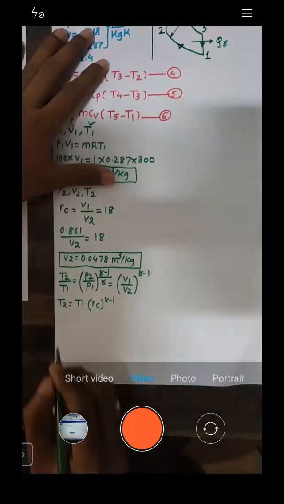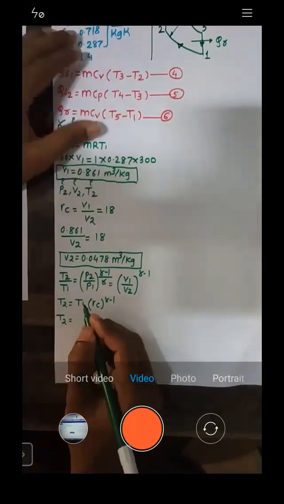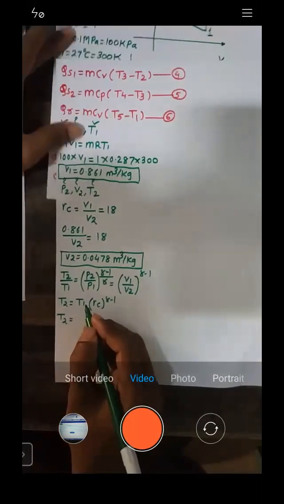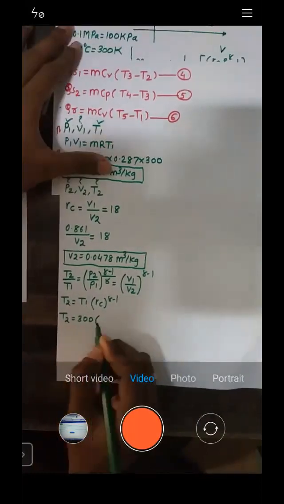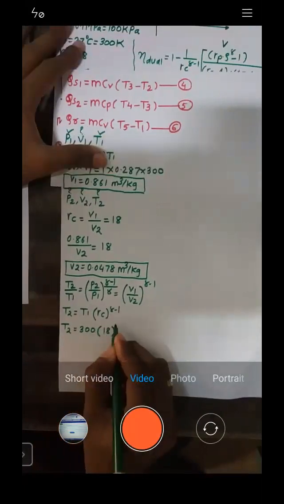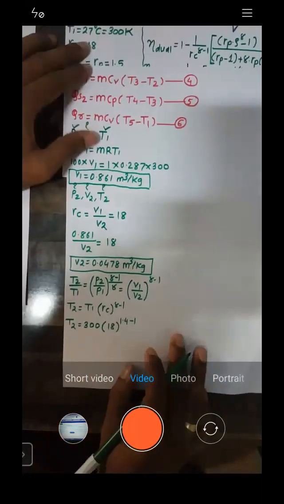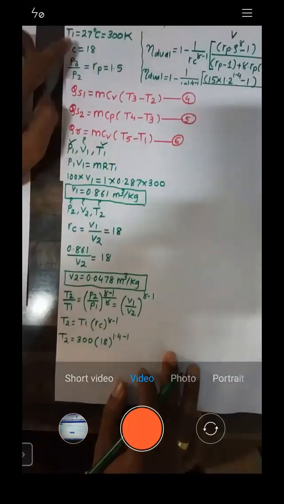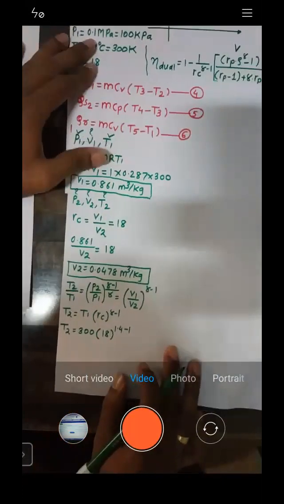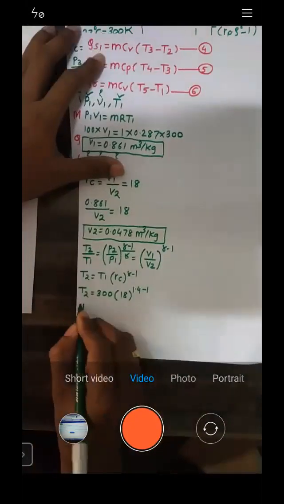T1 is 300, RC is 18, gamma is 1.4, so T2 is 300 into 18 raised to power 1.4 minus 1.